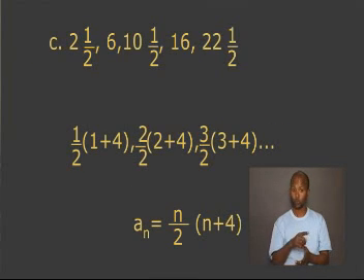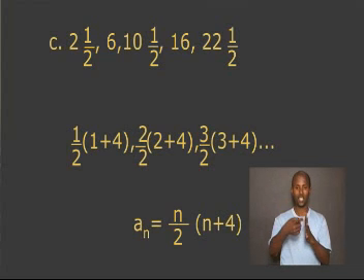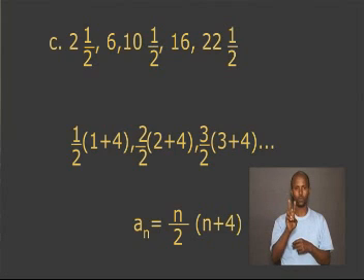You probably found sequence C to be the most tricky. It is the result of multiplying n over 2 by n plus 4. The general term is therefore an equals n over 2 times (n plus 4). As we have learned, sequences can also be expressed graphically.